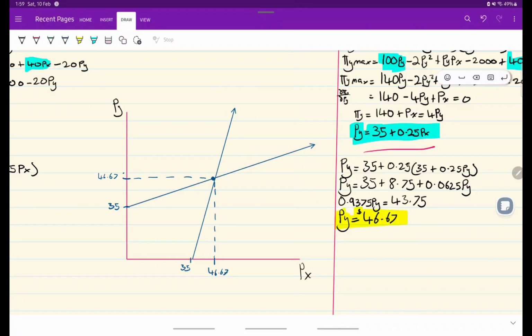And that is what you're going to be left with in terms of the intersection point. Which is there.